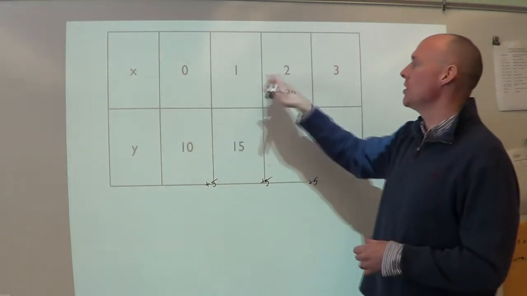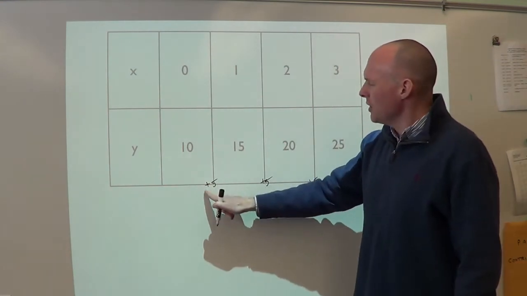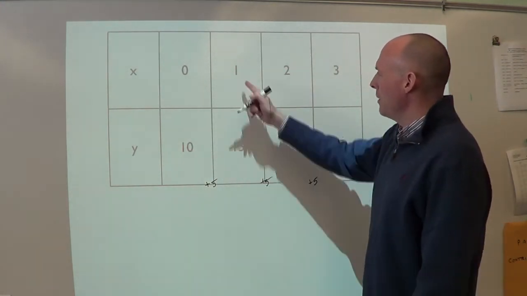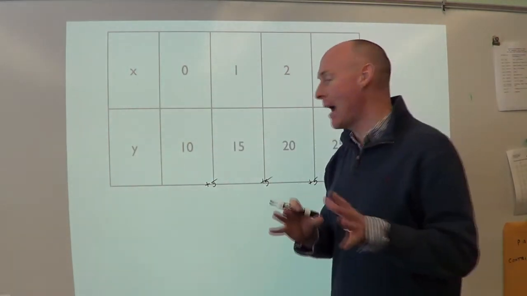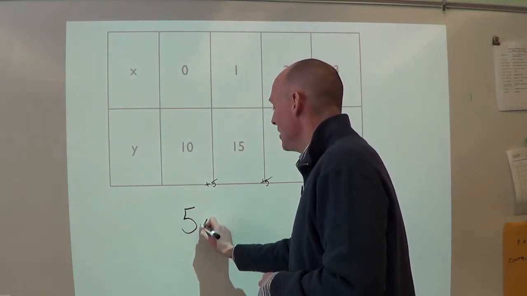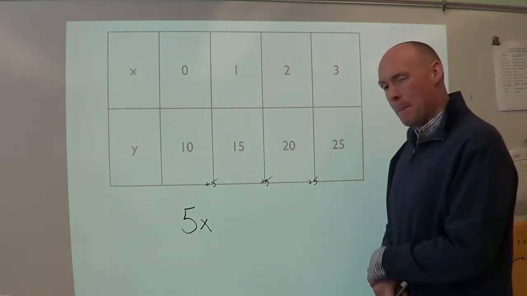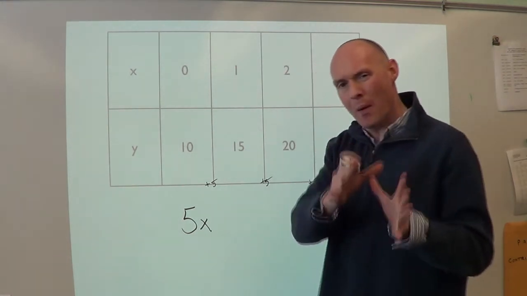Okay. And these are all increasing by 1s, which is good, and that's going to help us. So let's see. If we know that it's plus 5, so we know it's x's times 5. So we know it's going to be 5 times x. But it's more than that. So let's see what more.